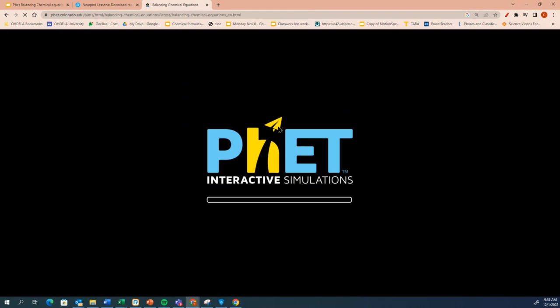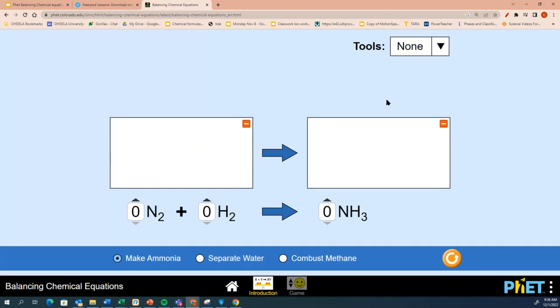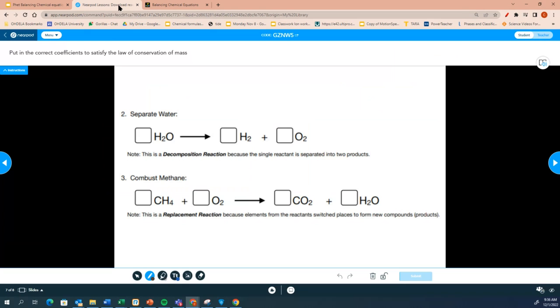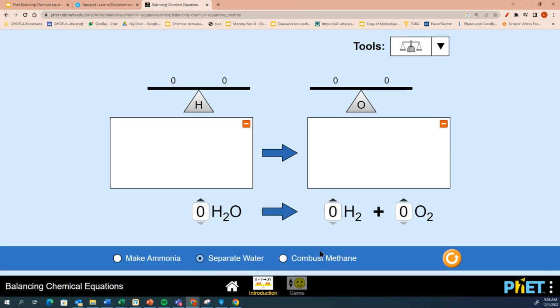You have to have two screens open. Make sure you have this, and it says we're going to separate water. So we're going to click on this.